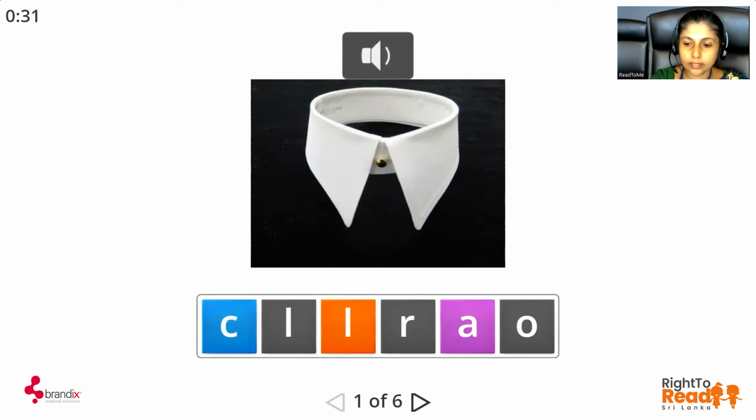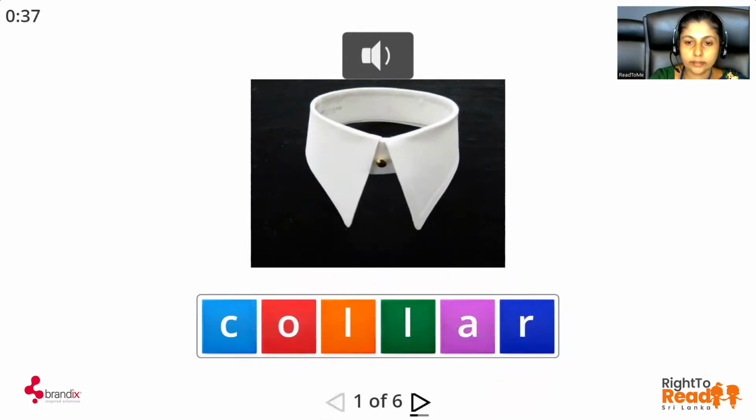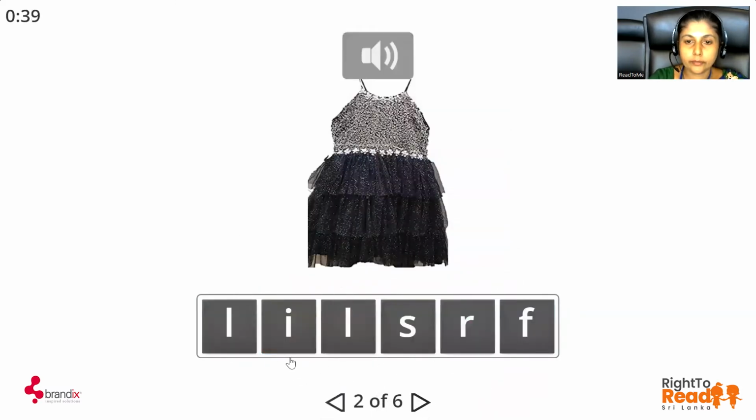Collar. Now the o sound comes next. Collar. Yes. Frills. Frills start with the letter F. F sound. Fr. Now listen to the word carefully.